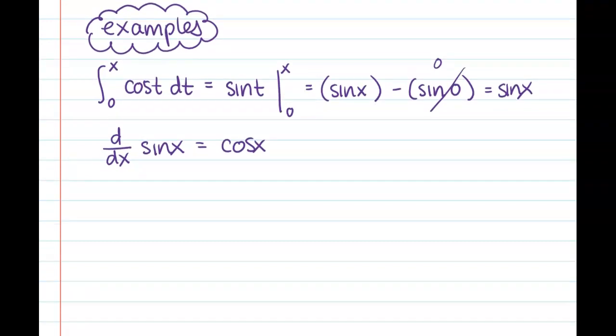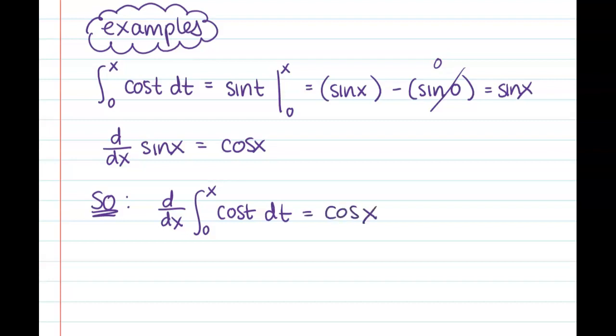Here's where we make the jump. So the derivative of the integral from 0 to x of cosine of t dt is cosine of x. Let's sit with this for just a second. I suppose you could pause it and sit with it as long as you want.